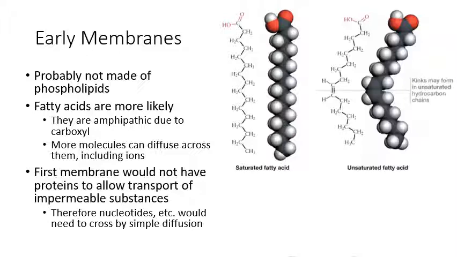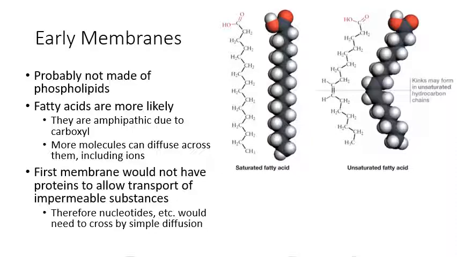And that's going to mean that it's easier for stuff to get across the membrane, especially if you have some of these unsaturated fatty acids in your membrane that are bent, and they're basically limiting how closely packed the membrane could be. So it's going to be leaving little spaces in the membrane where things sneak across. So if you're making a membrane out of fatty acids, basically it's going to be a more permeable membrane that allows more things to cross it.